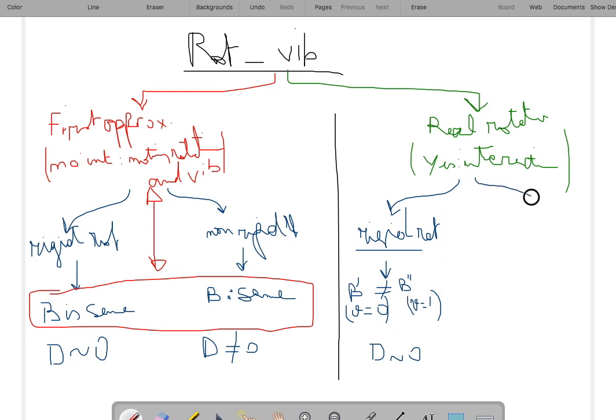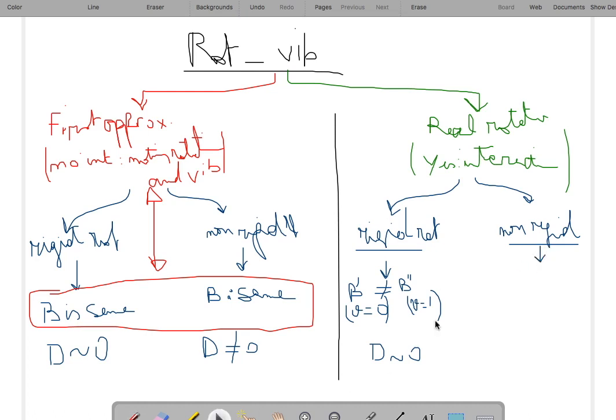And the second case, the non-rigid rotator, we also identify two small cases here, just to make things even more complicated. Still, because we have interaction, in this case it's the same as in here.